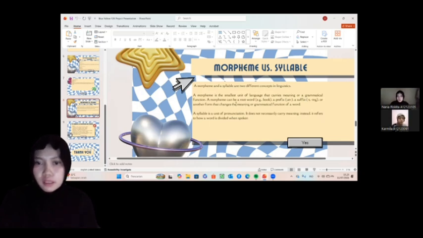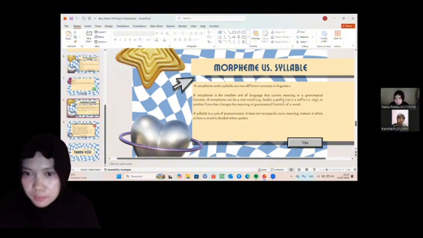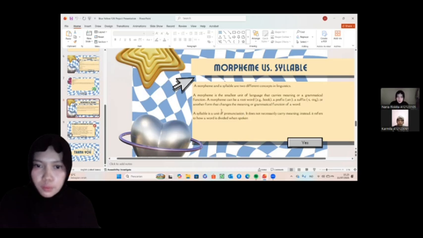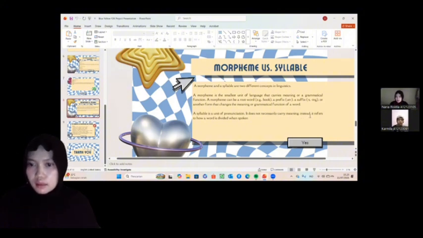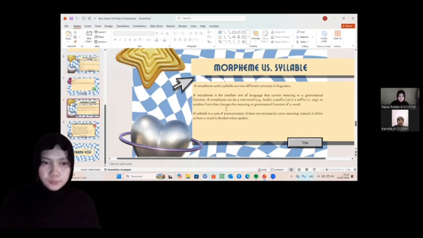A morpheme can be a root word, book, a prefix, un, and a suffix, s and ing, or another form that changes the meaning or grammatical function of a word. A syllable is a unit of pronunciation. It does not necessarily carry meaning. Instead, it refers to how a word is divided when spoken.